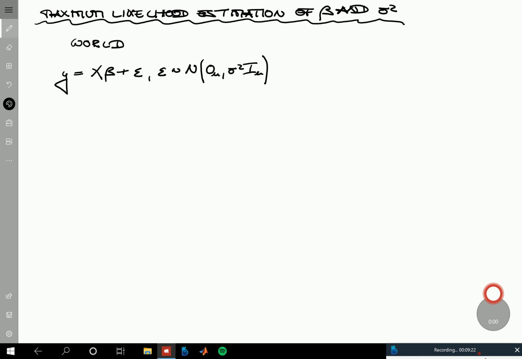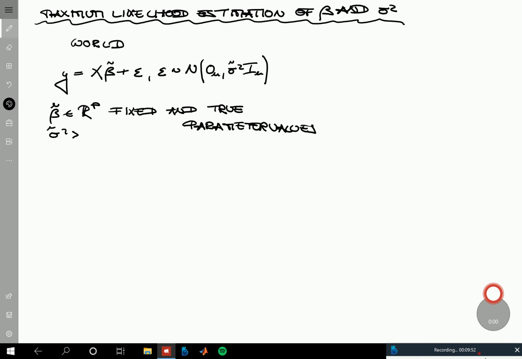And we assume that in the world, maybe we denote them with a little tilde here, there is a fixed and true parameter value. So if we formulated our GLM, we assume that in the world there's a real and fixed and true value for beta.